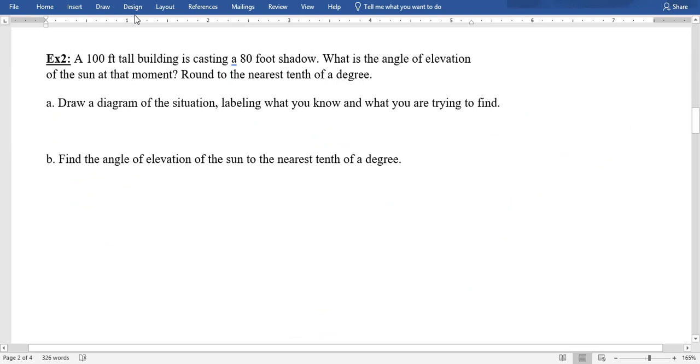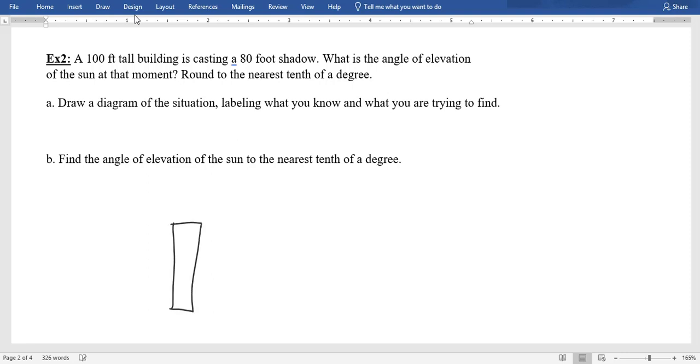This example says a 100-foot tall building is casting an 80-foot shadow. What is the angle of elevation of the sun at that moment? Round to the nearest tenth of a degree. So we have a giant building casting a really long shadow on the ground. The sun comes in.